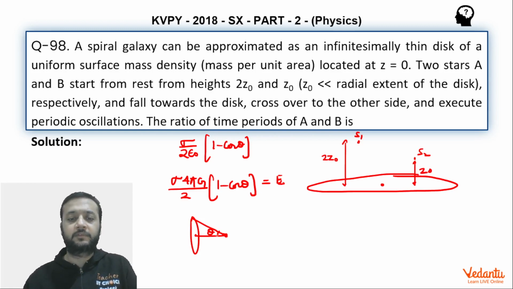It will be independent of theta if this point is very close to the center, which is what is happening over here. Or we can also consider this disk as an infinite plane for points which are very close to the center, or the plane of the disk rather. Hence we could have treated the gravitational field as constant.